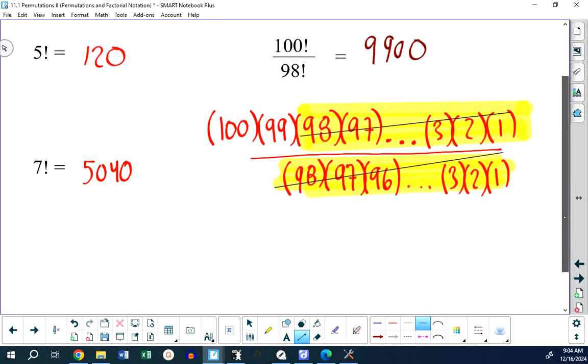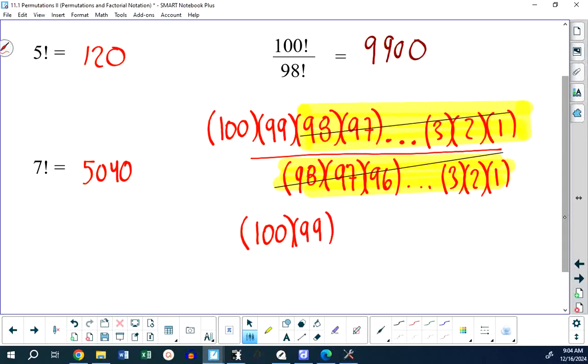I'm going to go one step deeper and say to you that 100 factorial over 98 factorial is 100 times 99 times 98 factorial. And it's really good if you can think that way. That 100 factorial means you start off with 100, you multiply by 99, and then you go, well, wait a minute. Everything else after that we're multiplying by is 98 factorial, and I stop there and write 98 factorial because I see a 98 factorial on the bottom.